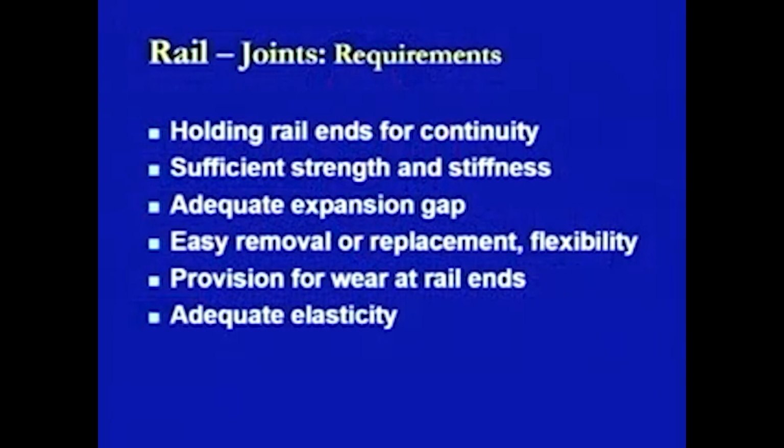Then adequate elasticity has to be there, because we are talking about strength and stiffness. It should not result in a condition where there is a movement of the two rail sections because of the loads which are coming from the top. In this case, as the load comes on one rail section, it is going to get deformed in the downward direction, whereas the other rail section which is jointed to this one will remain in its position.